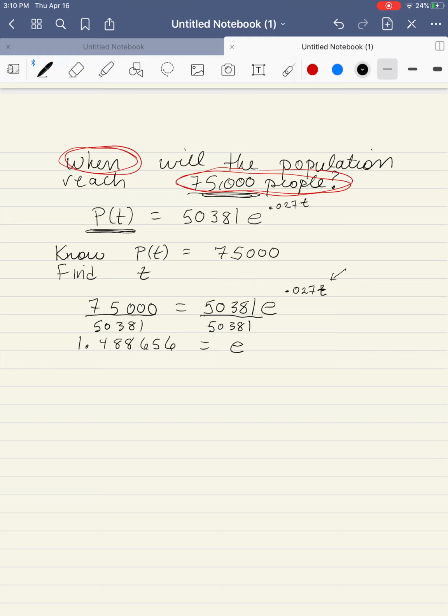And this is probably plenty. But I'm not just going to write 1.5 because that will give me rounding error. And I really need to be sure that I have a more accurate answer than that. Then I can take my natural logarithm on both sides. And remember, when I take the natural logarithm of e to that exponent, I just get the exponent. And then I can divide both sides.